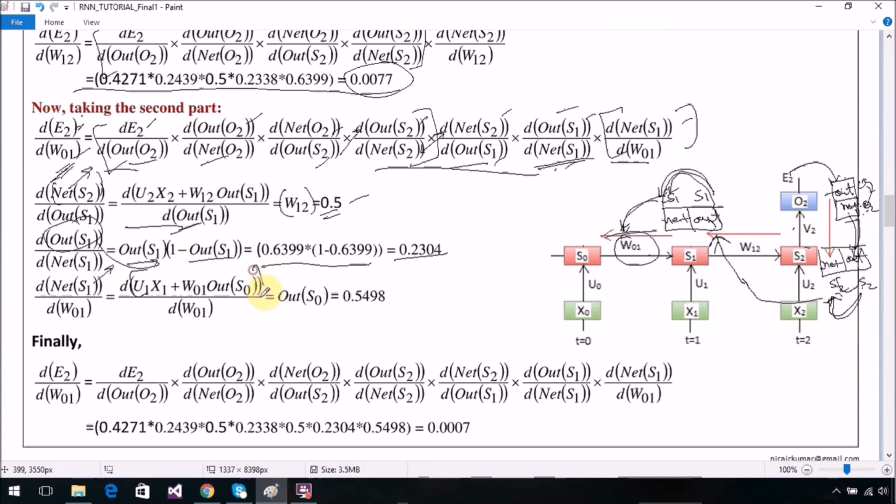After taking the differentiation we will have out S0. Now we have these three values calculated, so we will put all these values here, and after multiplying we will get the partial derivation of E2 with respect to W01, which is equal to 0.0007.